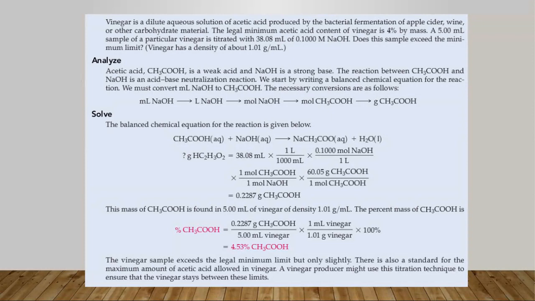38.08 milliliters of the 0.1 molar sodium hydroxide. You know that this sodium hydroxide will drop into the vinegar like that. Here we have the flask, and then I put the sodium hydroxide.